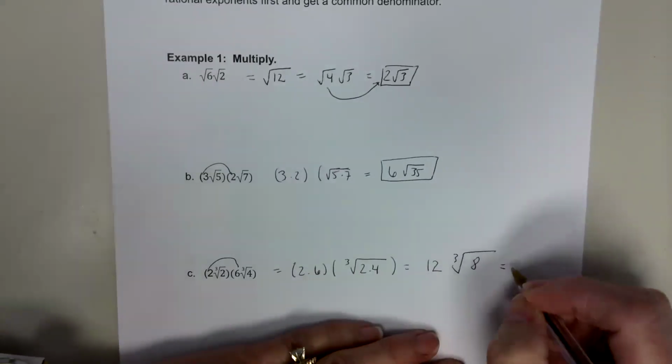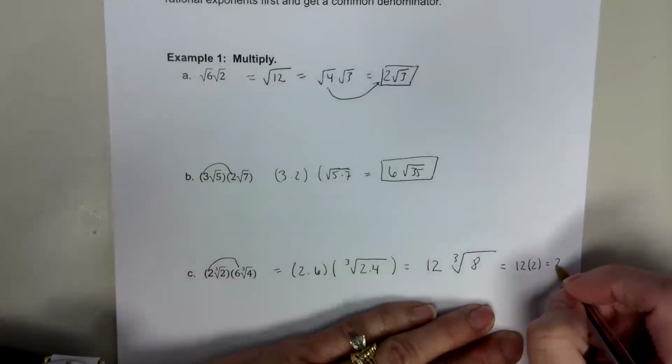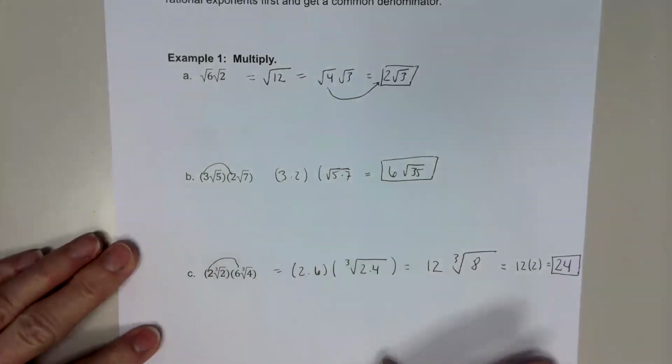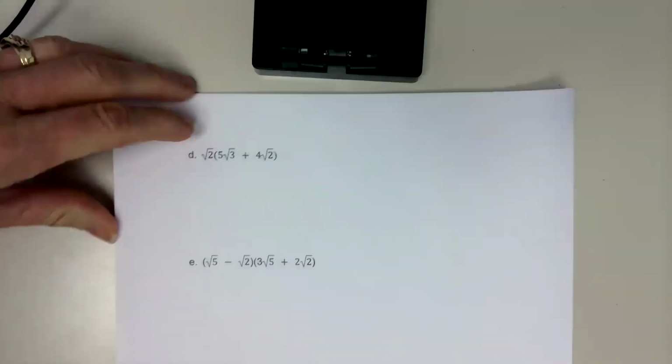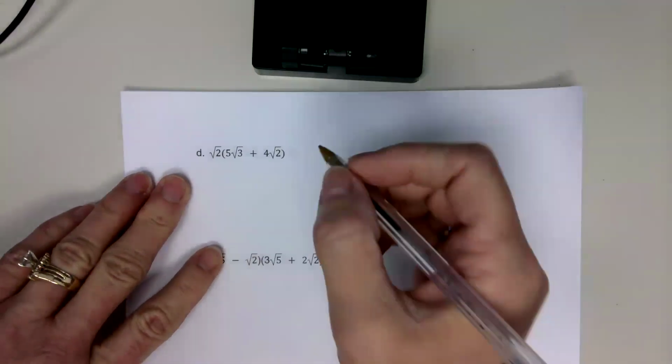And 8 has a perfect cube root of 2, and this ends up being 24. So again, as long as they're the same radical, we can go ahead and multiply them.